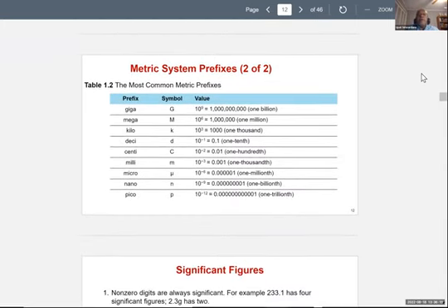When you look at the unit part of a measurement, it could be abbreviated or expanded.